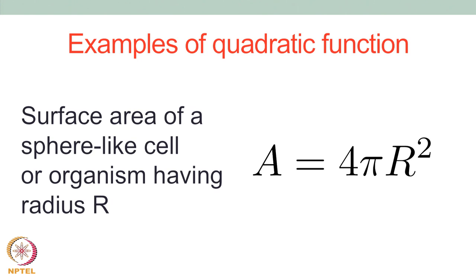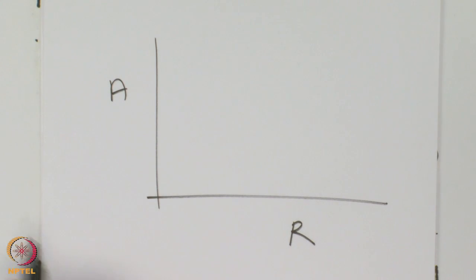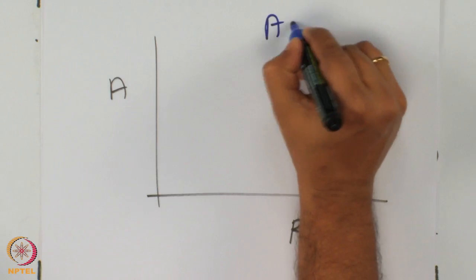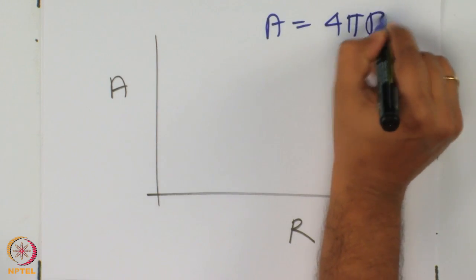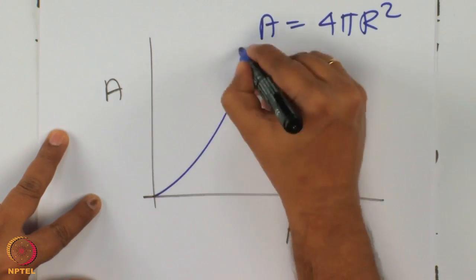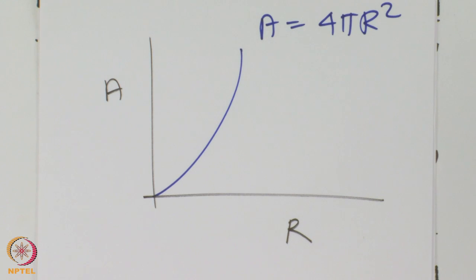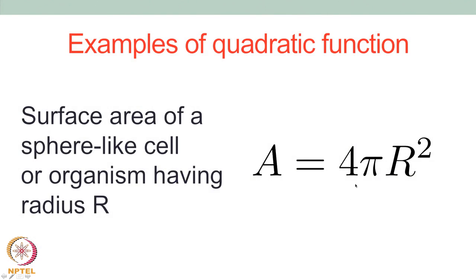So, if we want to plot the area versus the radius of a cell, even if it is approximately assumed to be spherical, we know that the area is 4 pi r square, and as you can imagine, it will look like this, some function which increases with respect to r. Okay, so that is the quadratic function.